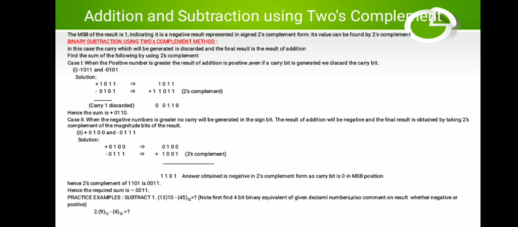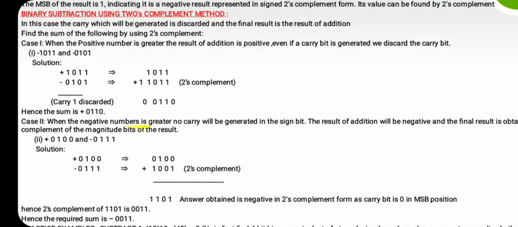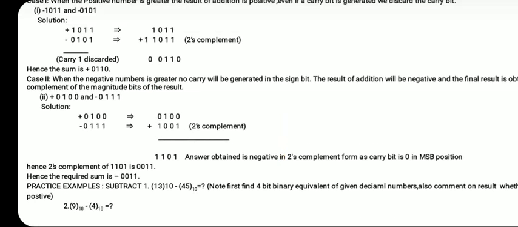Now addition and subtraction: again I have shown some examples, and I have given 2 practice examples here for practice. In these practice examples, I didn't mention the binary equivalent of the number. Followed? This question comes for either 3 marks or 4 marks.